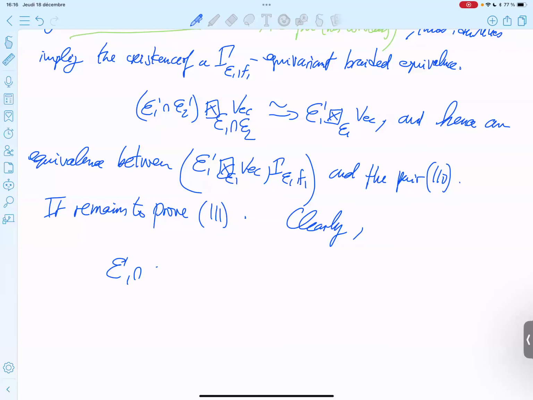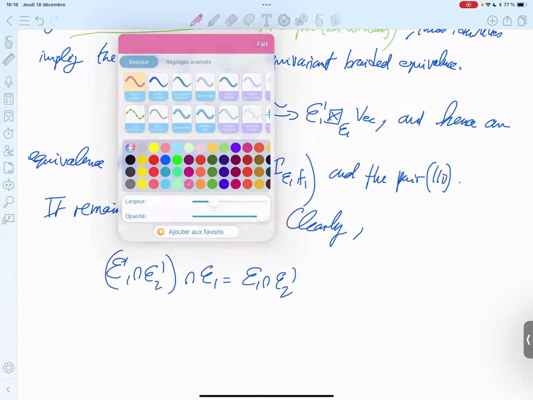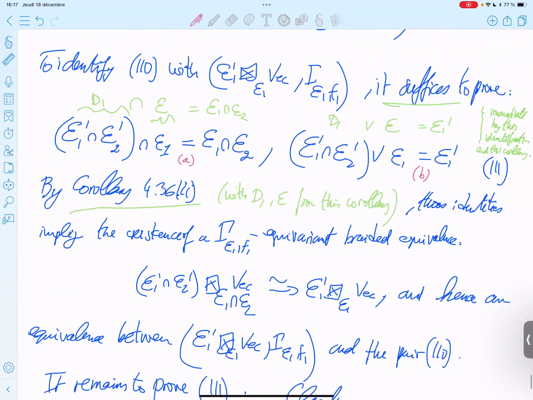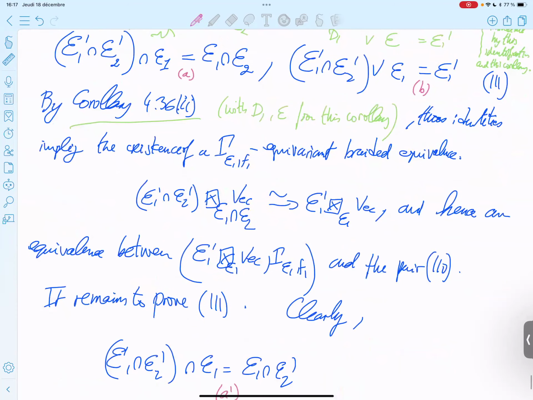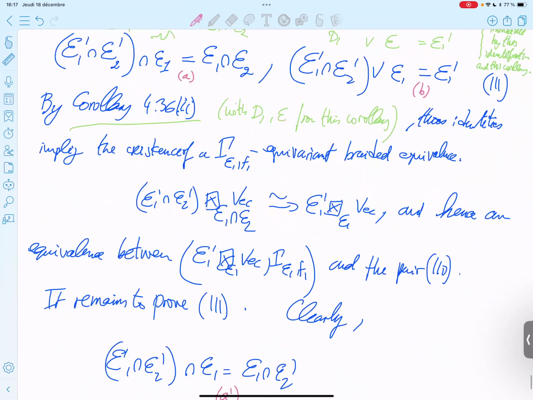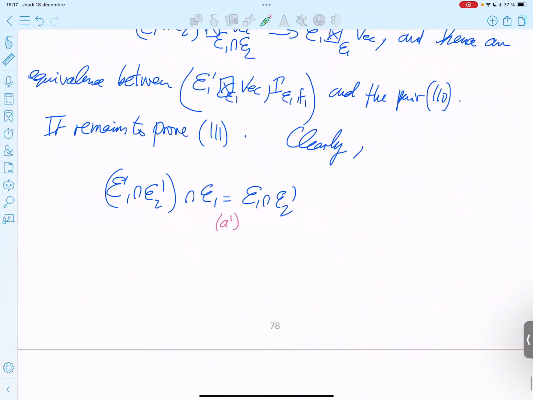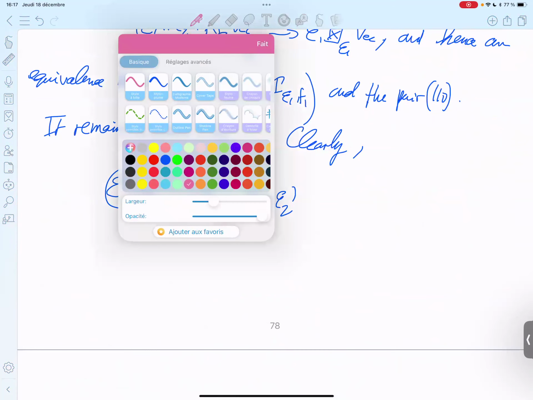E prime intersection E1 prime intersection E2 prime intersection E1 is equal to E1 intersection E2 prime. So that's immediate. Let's call that A prime. Remember, in A, here is E1, E2. What is immediate is when you have E1, E2 prime. So why is this immediate?